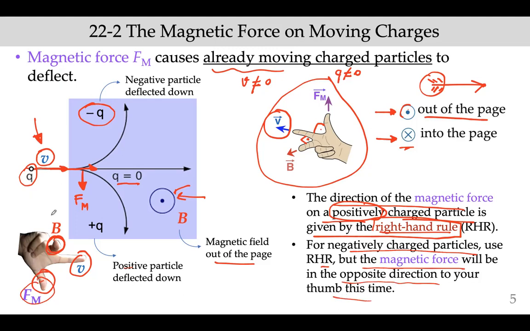So you use your right hand and find the direction of the force, which from the right-hand rule is down. But for the negatively charged particle, you have to invert the direction. So the force for the negatively charged particle will be in the up direction. And from the figure, you can see that it's deflected in the up direction. So this is how you use the right-hand rule.